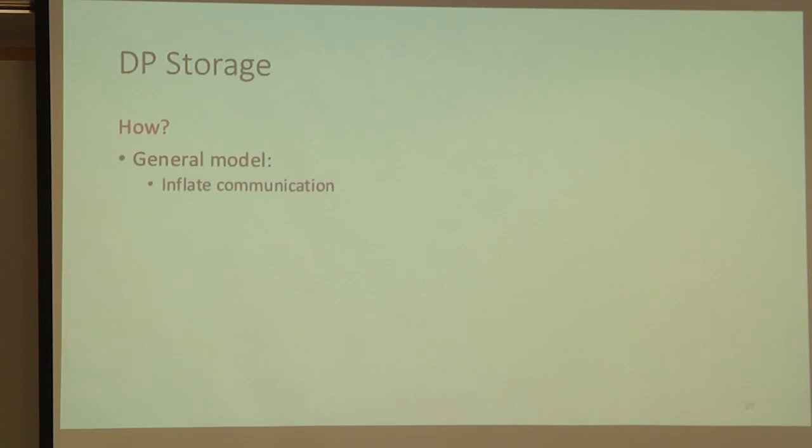So how can we have differentially private storage? The general idea is that we are going to hide the communication volume by inflating communication. Instead of returning the exact amount of records required, we're going to return a higher amount, which will satisfy differential privacy.